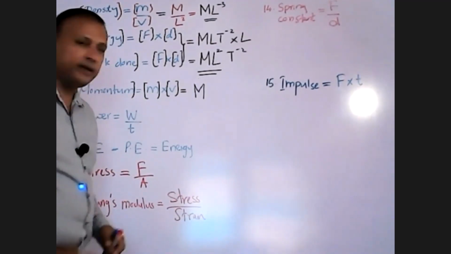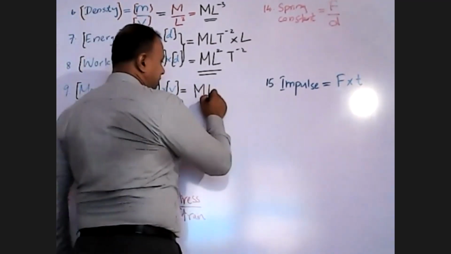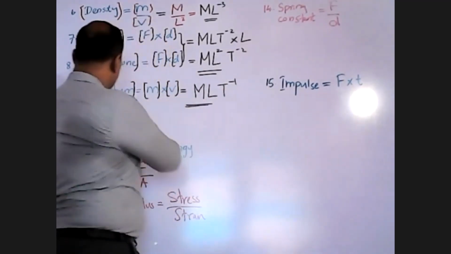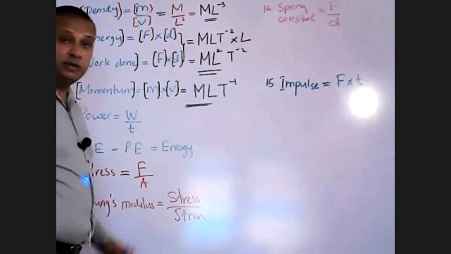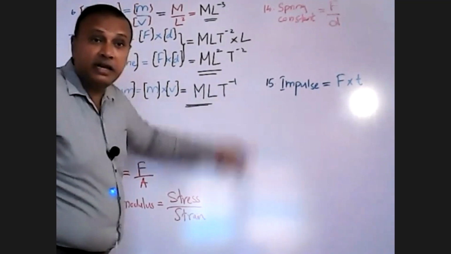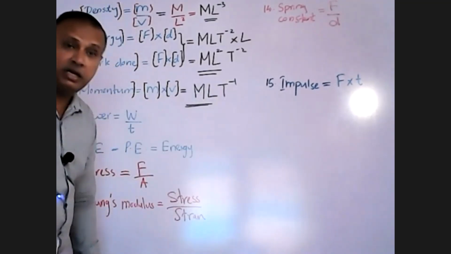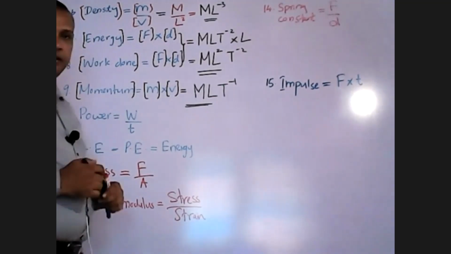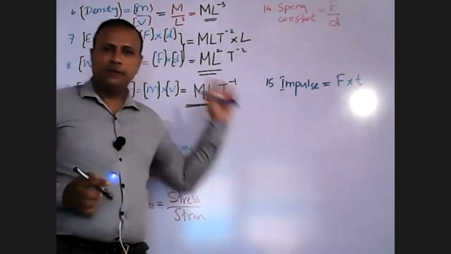LT minus 1. So the dimension of momentum is MLT minus 1. Do you understand?